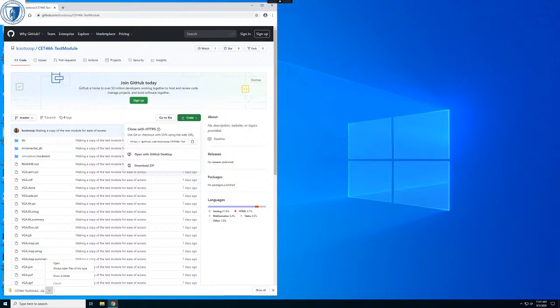I think it's just 7-zip.org. Is that right? 7-zip.org. Yeah, so I'll put that in the links direct to the channel. So try that. I don't know whether that's going to help.